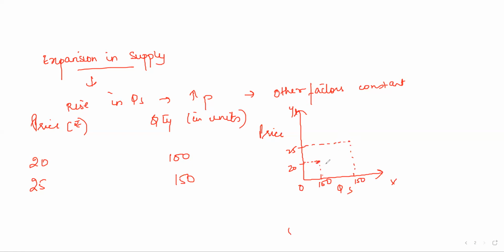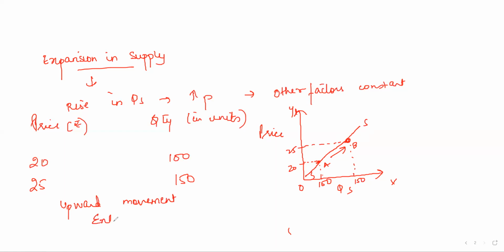So if I join this A point and B point, what do I observe? From point A, there is a movement towards B on the supply curve. There is an upward movement along the same supply curve.